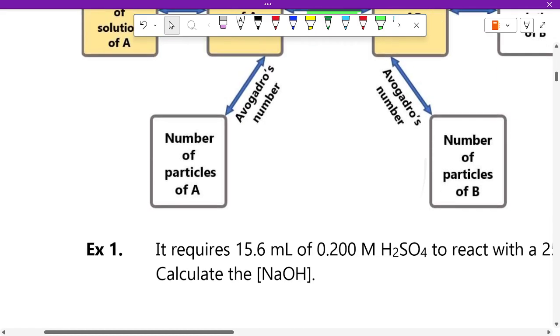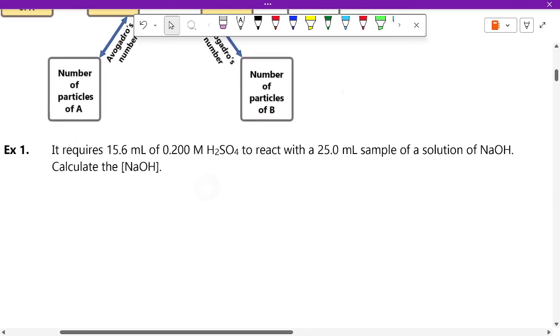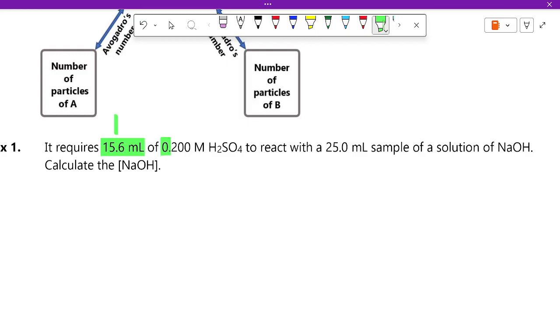Okay, so let us take a look at an example here. And this is without knowing the process or anything. You totally do not need to understand the process in order to do this calculation. It requires 15.6 milliliters of 0.200 molar H2SO4 to react with 25 milliliters of NaOH.